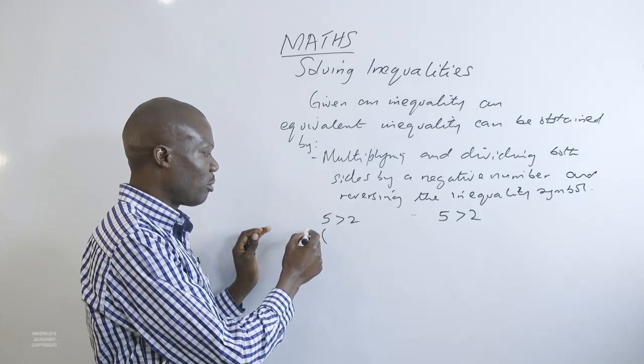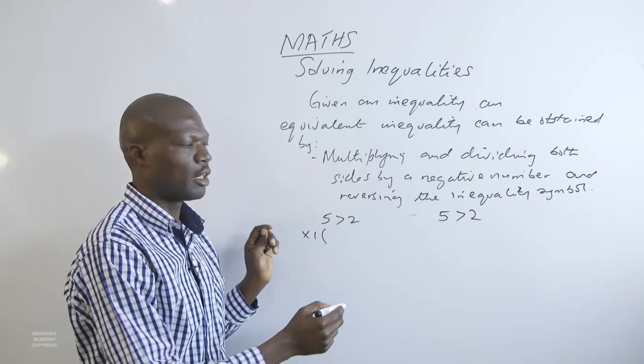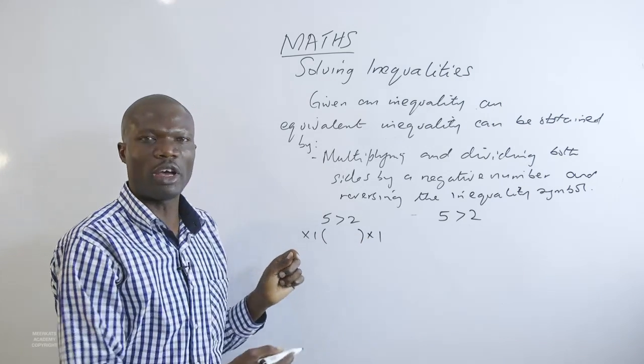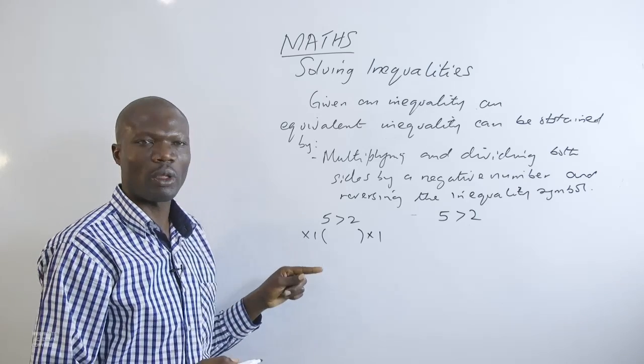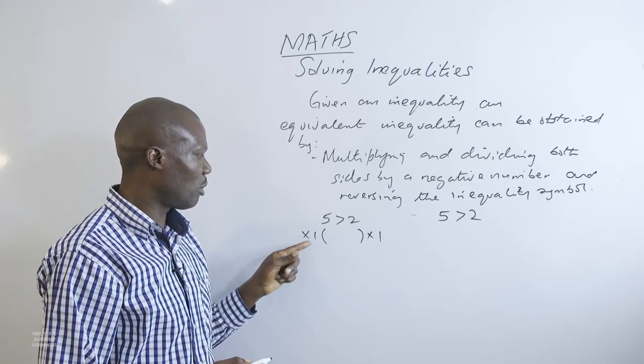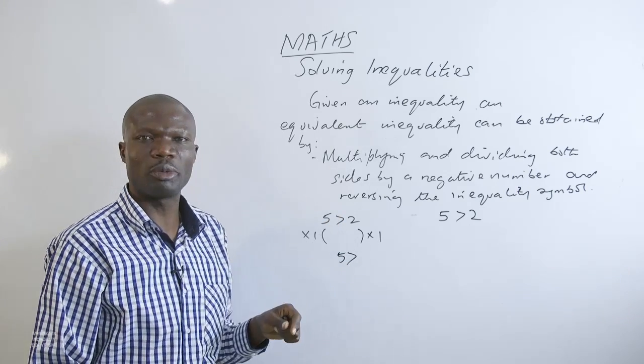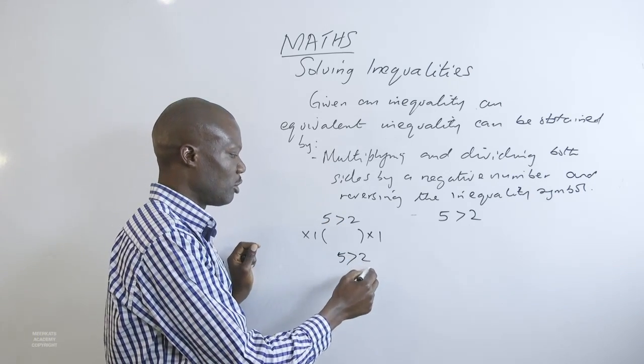So let us start by multiplying by positive 1. You'll get 5 multiplied by 1 is 5. The sign remains, and 2 multiplied by 1 is 2.